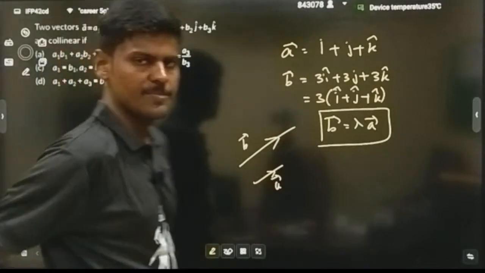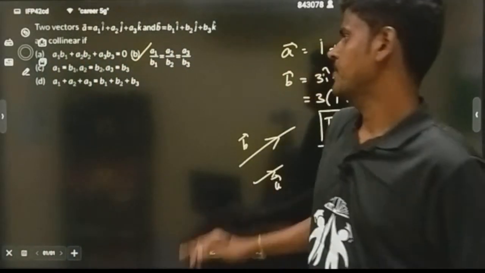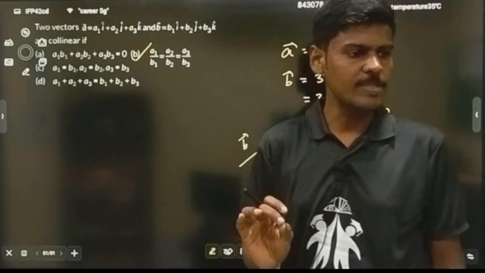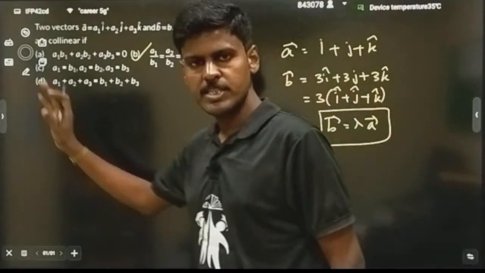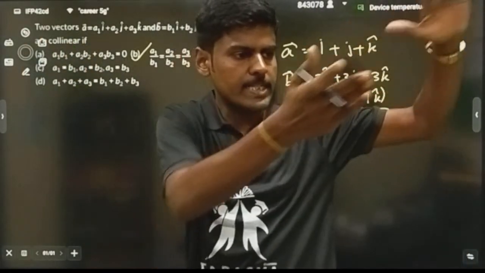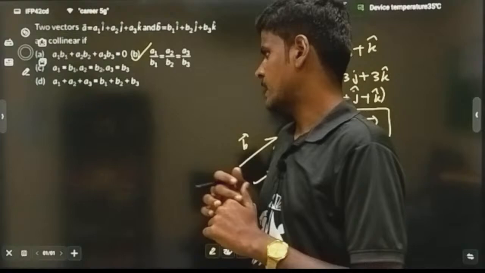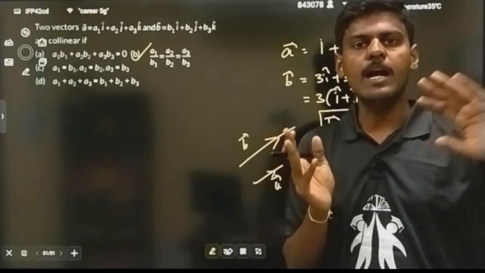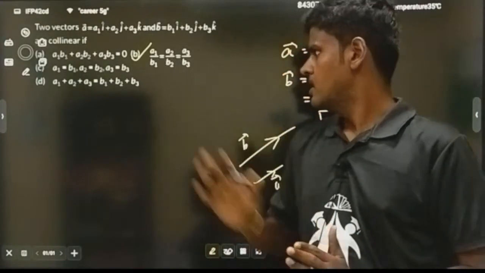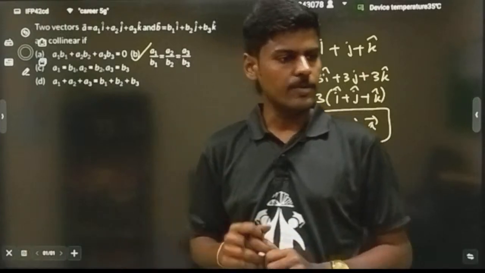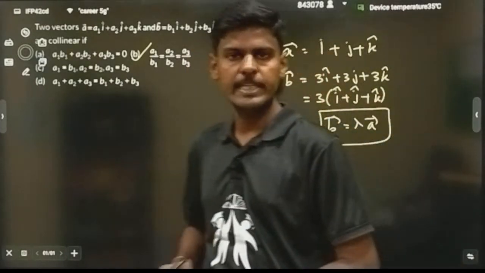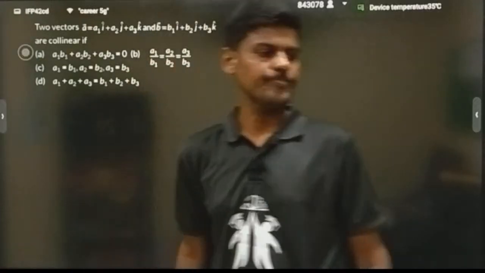So what will be the option? Option B is the correct answer. Yes or no? I hope this is clear for you. What is a parallel vector? When two vectors have the same or opposite direction, that means their corresponding components will be proportional. So A1 by B1 equal to A2 by B2 equal to A3 by B3 is the correct answer.